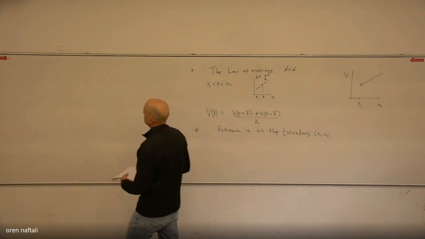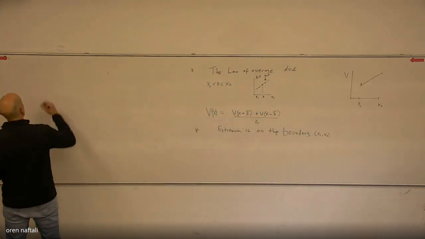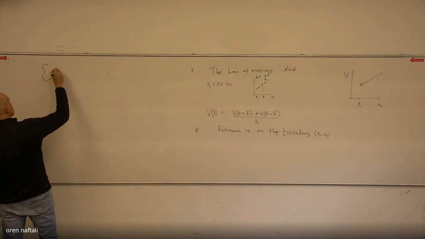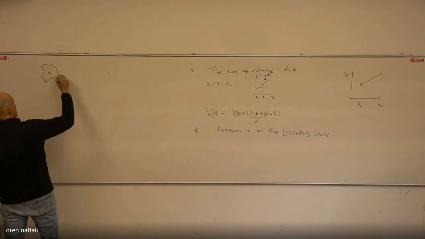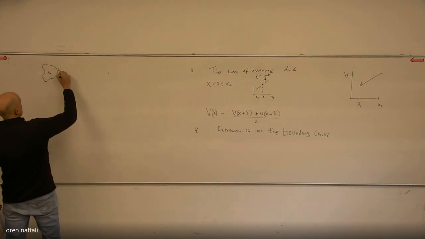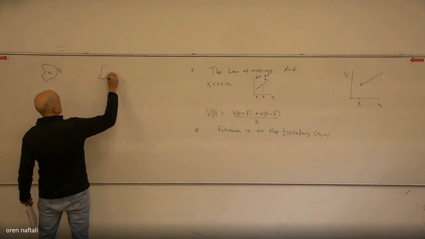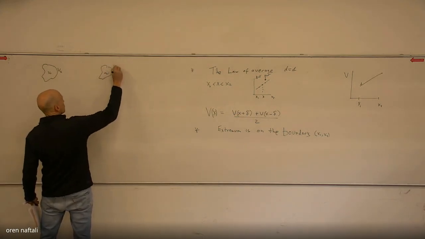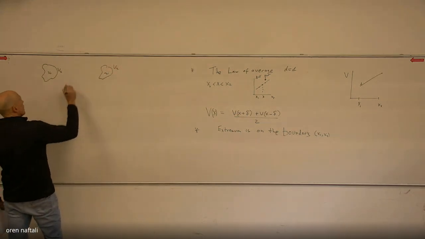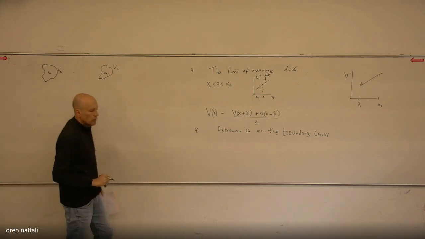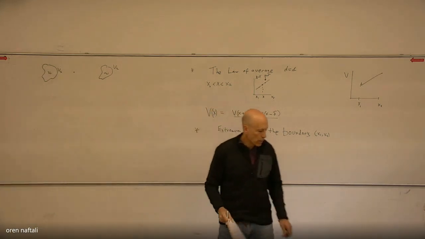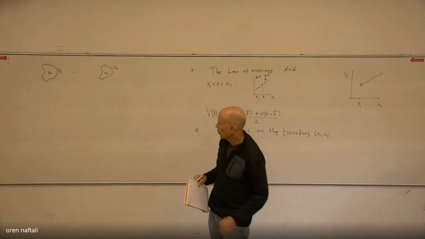I have a complicated problem which I cannot usually solve. Let's say here some volume V1 with potential V1, and then here some volume V2 and potential V2, etc. And I'm at a point here, and at that point there are no charges, so the Laplace equation holds.